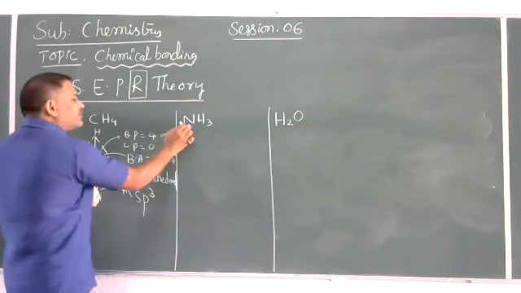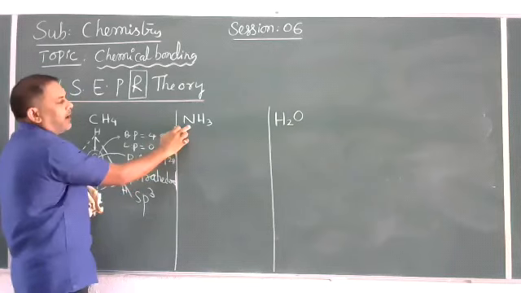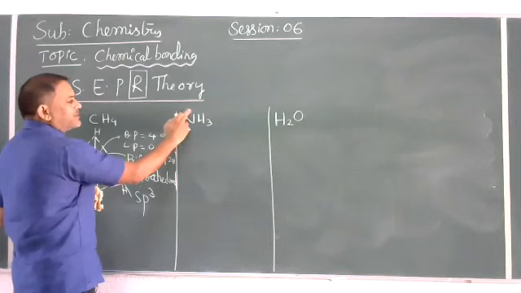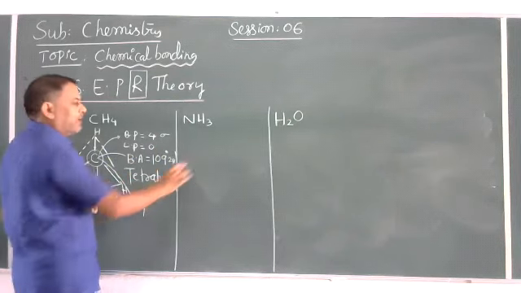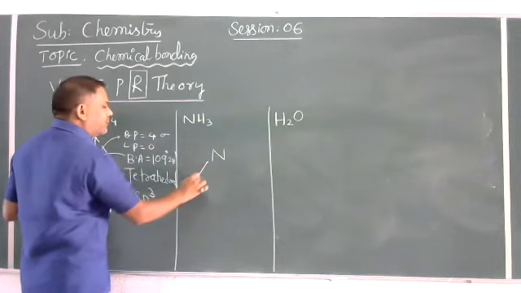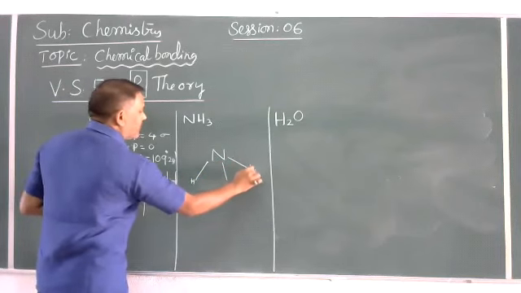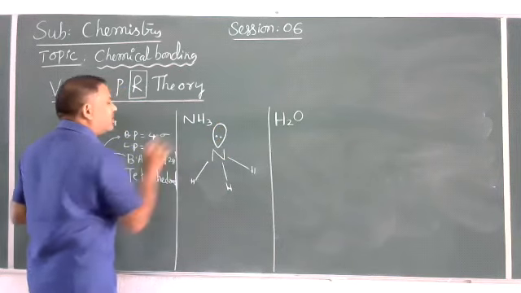Now, NH3 is a 15th group element and it contains one lone pair on the nitrogen atom. Nitrogen contains 5 valence electrons; 3 are bonded with 3 hydrogen atoms, and one is a lone pair on nitrogen.